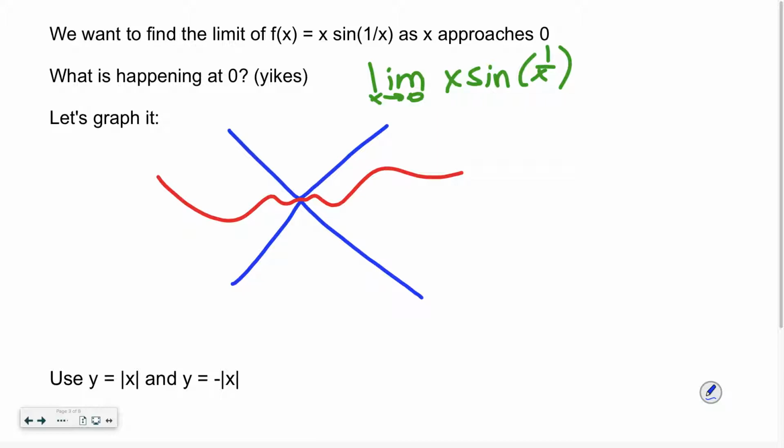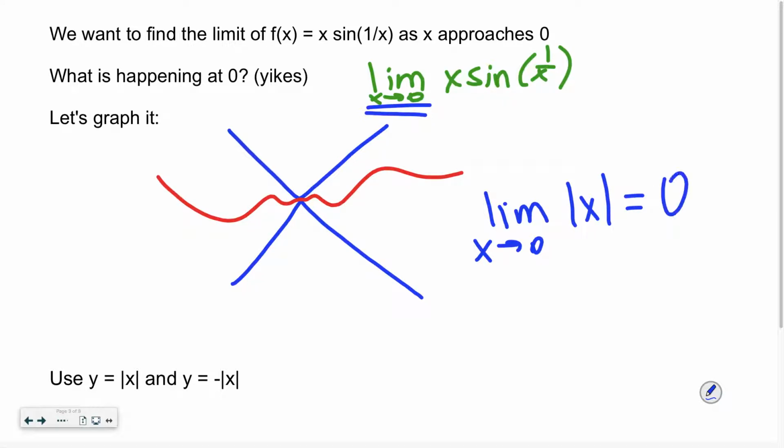Towards 0, what's the limit as x approaches 0 of the absolute value of x? 0. What's the limit as x approaches 0 of negative absolute value of x? 0.